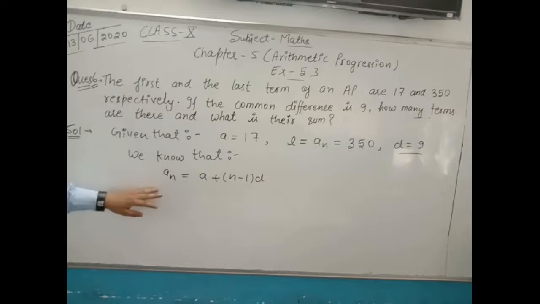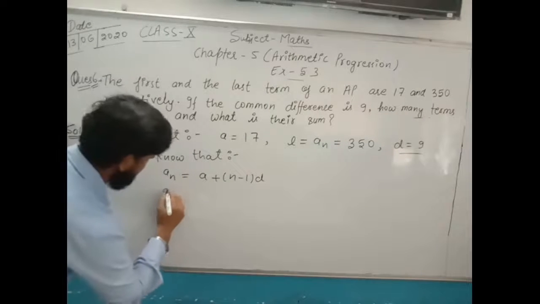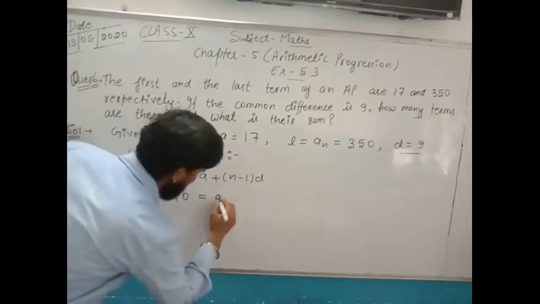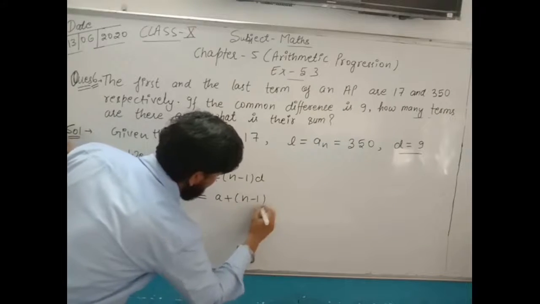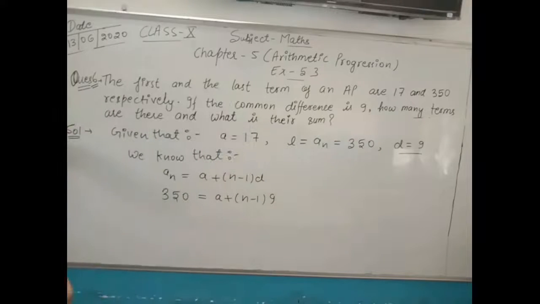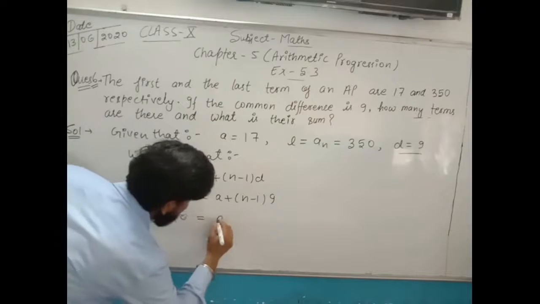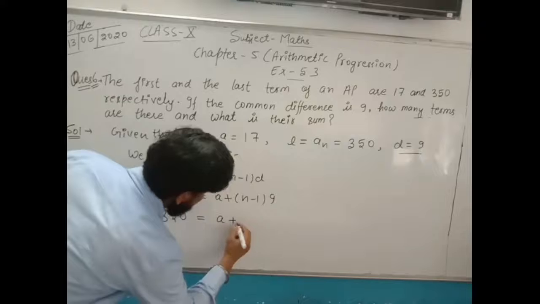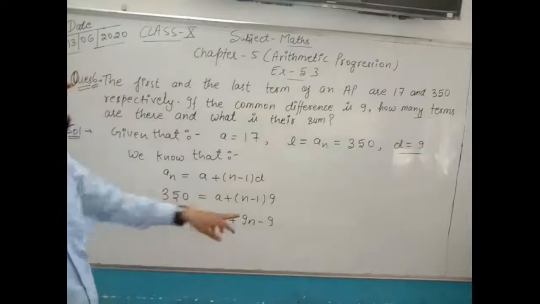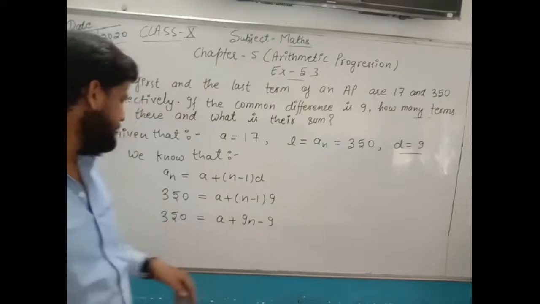We can also write l equals to, so 350 is equal to a plus n minus 1 multiplied by d. d is 9. Okay, so 350 is equal to a plus 9n minus 9. मैंने 9 का मल्टीप्लाई कर दिया n माइनस 1 में, तो कितना आएगा 9n माइनस 9.